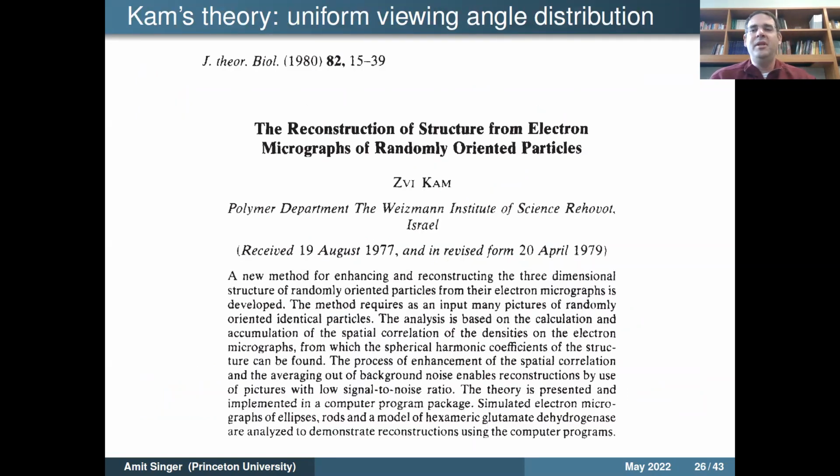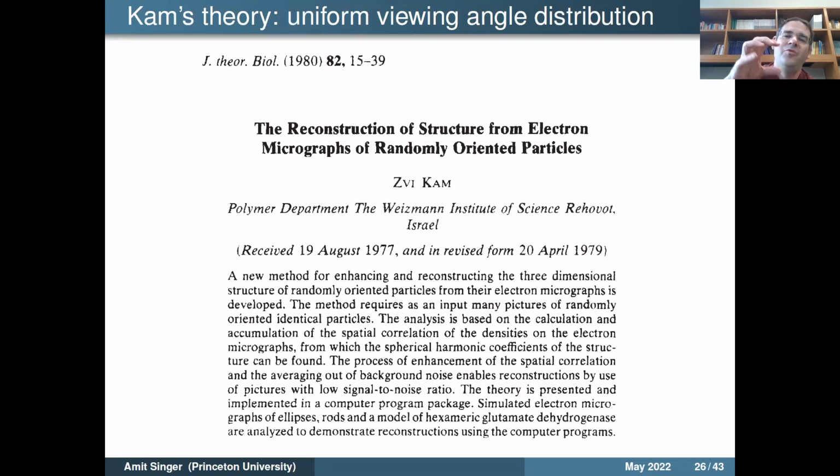So this takes us to the late 70s, early 80s, and there is a beautiful paper by Zvi Kam from the Weizmann Institute that considered exactly that problem, for the case where the viewing directions are uniformly distributed over the unit sphere.